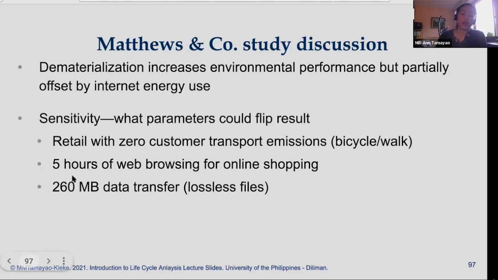On the other hand, if you need 5 hours to choose the album that you want to buy, then it could happen that you actually have a higher footprint in terms of energy use and CO2 emissions. Or if you prefer lossless files.